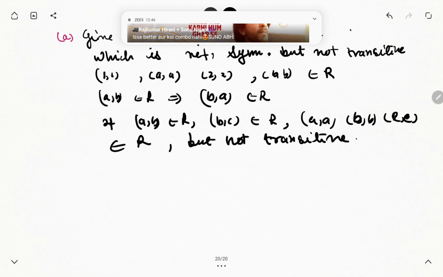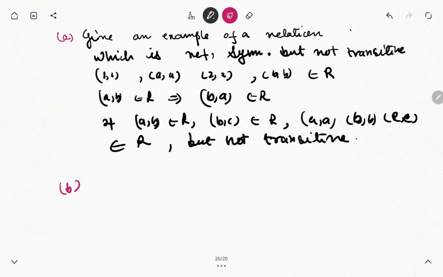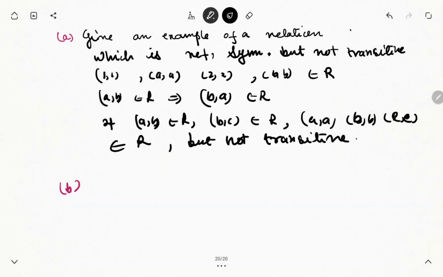Another thing: first, you give some example showing that it satisfies some of the properties.